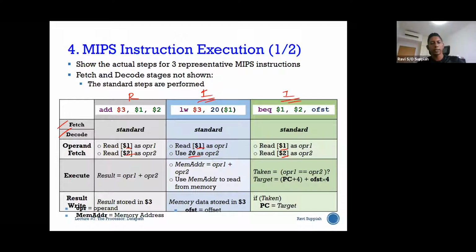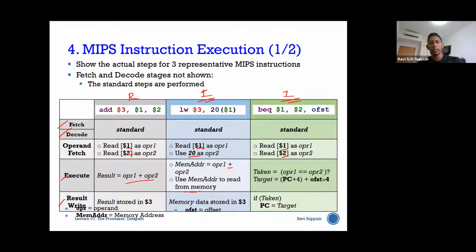In this case, the execute is also different. In this R type instruction, I am performing an add operation, and then I will write back the result later on to the register. In the I type instruction over here for the load word, I perform the add operation between the data in the register and the immediate value and use that to read from memory.